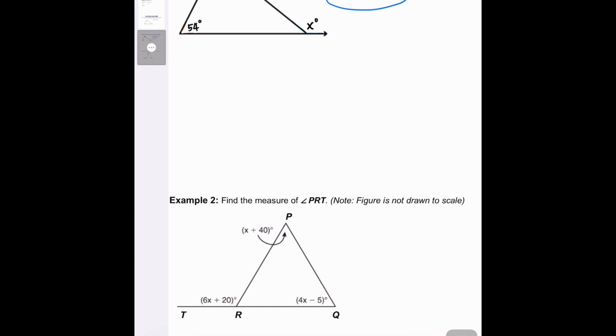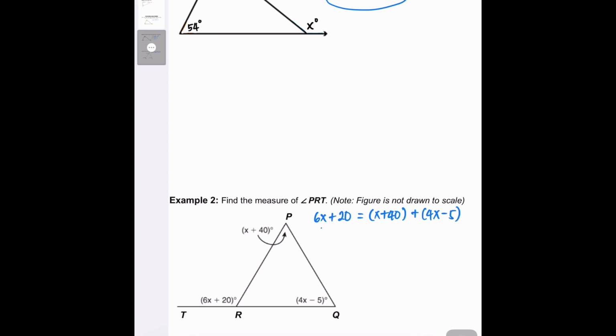After finding the value of x, we can simply substitute it into the given expression to know the measure of the angle. So 6x plus 20 will be equal to the sum of the two remote interior angles, so it's going to be x plus 40 plus 4x minus 5.